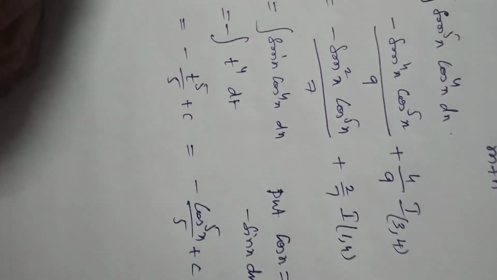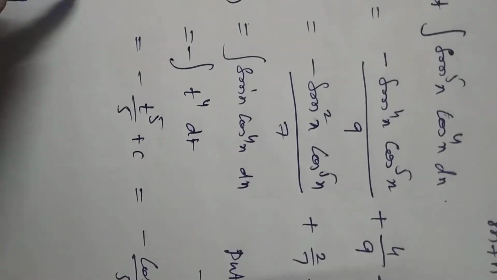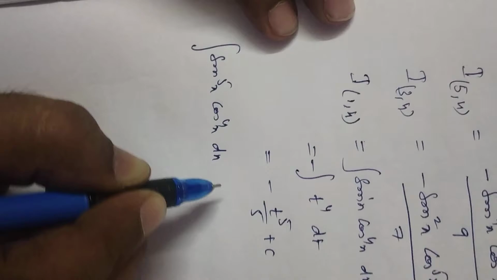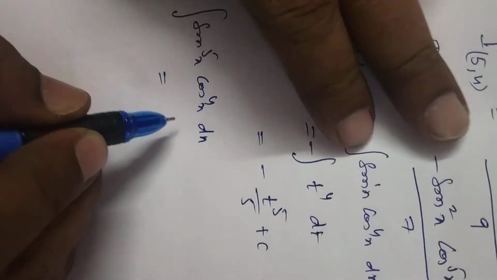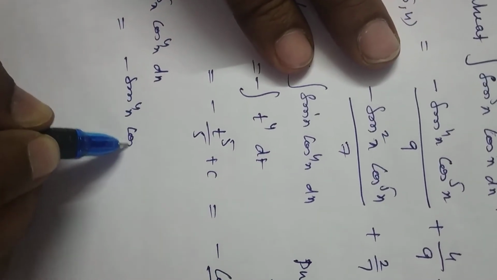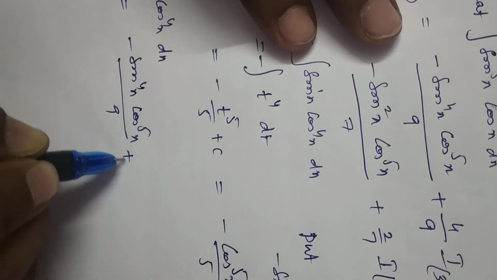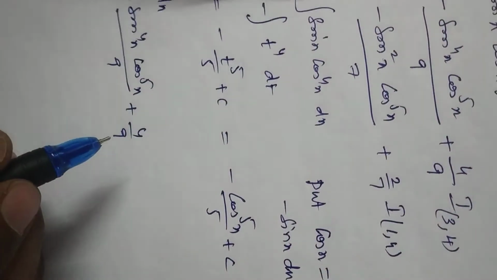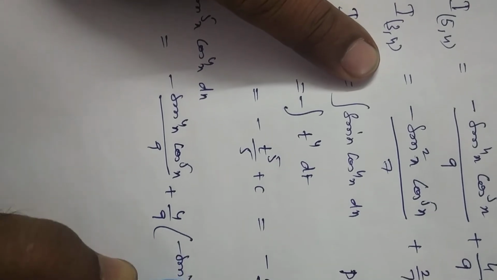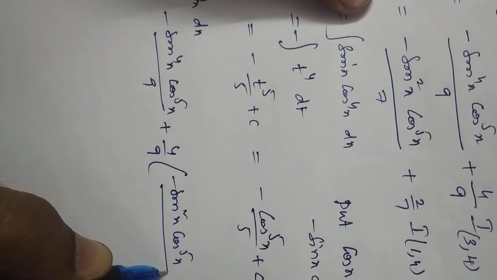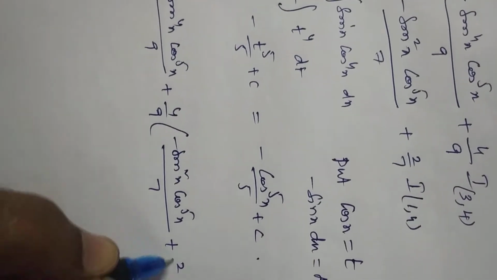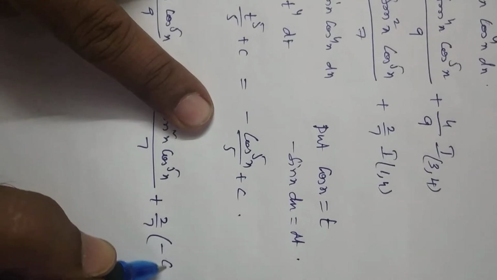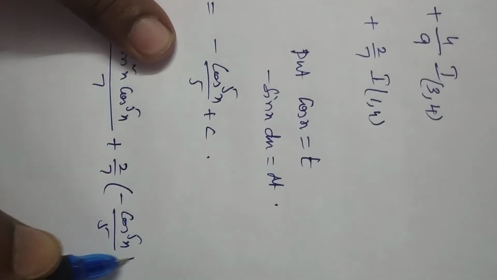So finally, the overall integration of sin^5 x cos^4 x dx is equal to, first, minus sin^4 x cos^5 x by 9 plus 4 by 9 into I(3, 4). Again, I(3, 4) is minus sin squared x cos^5 x by 7 plus 2 by 7 into I(1, 4), and I(1, 4) is minus cos^5 x by 5, at last plus c.